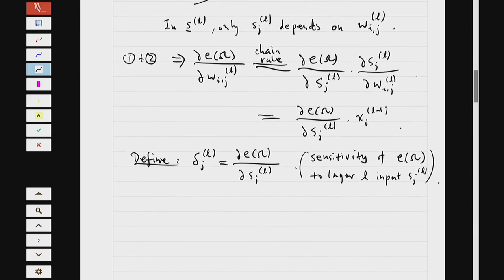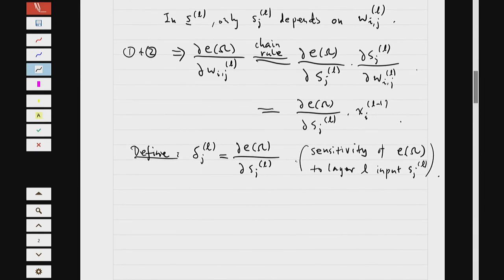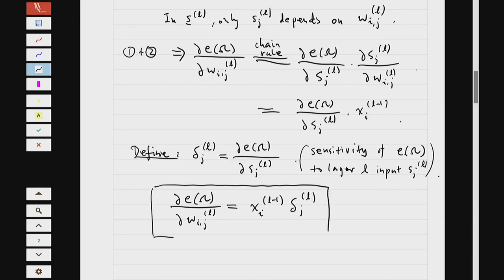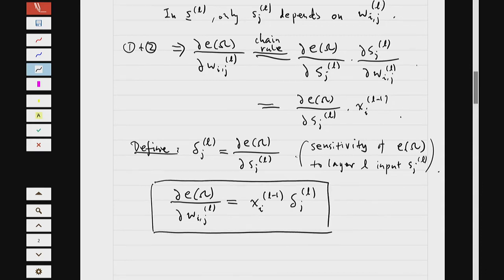And once we have this, we can rewrite the one above, which says that if you want to find the partial derivative with respect to the weight, which is our ultimate objective, this one is equal to xi of L minus 1 times delta J of L. This is one of our central equations.